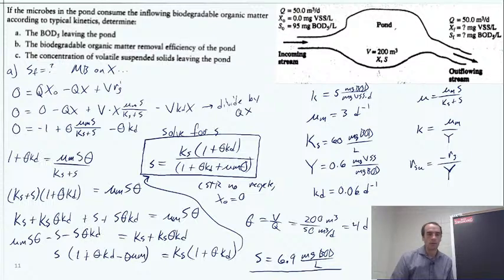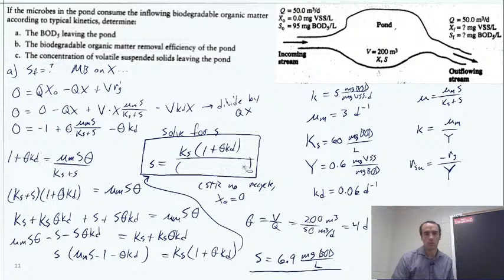So then when we get this piece, I'm just going to rewrite from here. This will simplify to mu max S minus 1 minus theta KD, which is actually the solution I had on here. So good catch there.